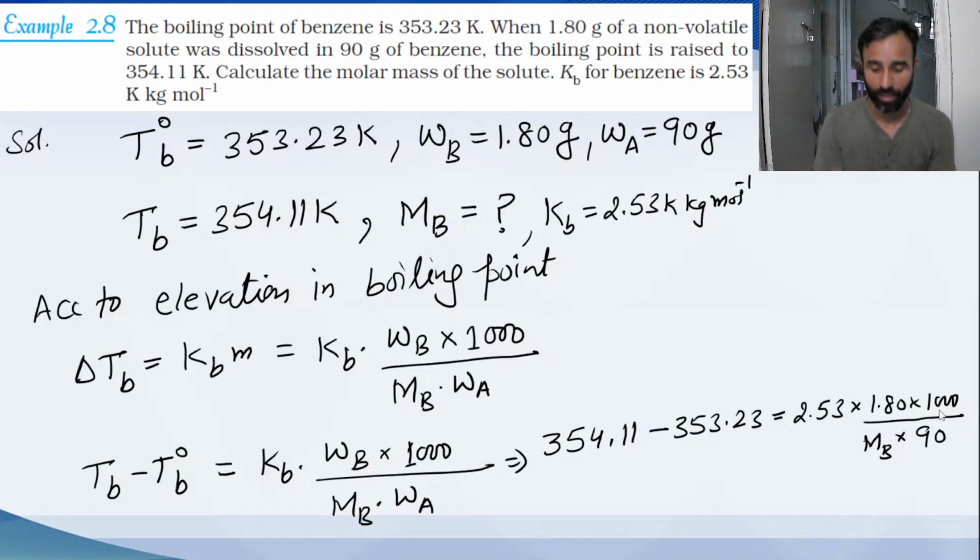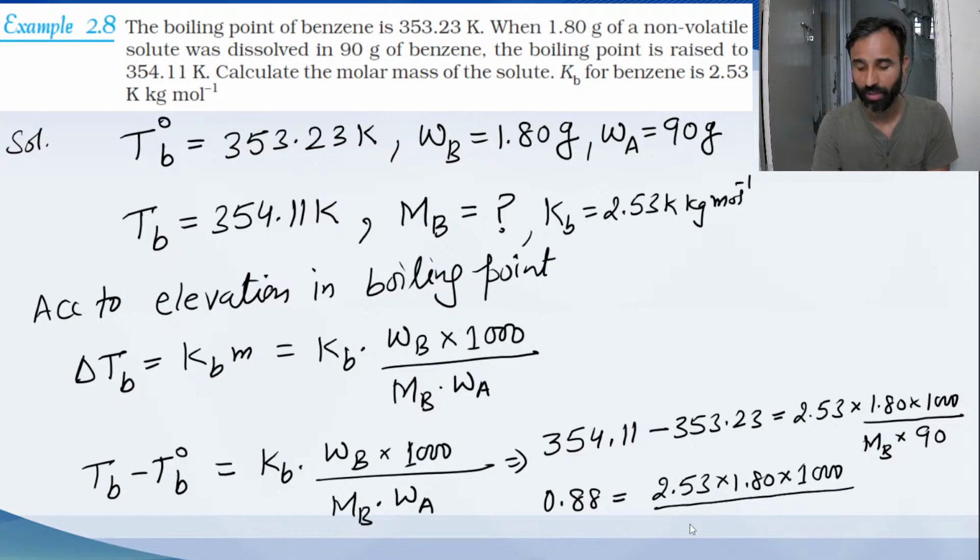Now to calculate, 354.11, 353.23 is subtracted from it, and it becomes 0.88. Then 2.53 into 1.80 into 1000 divided by molar mass of solute into 90.